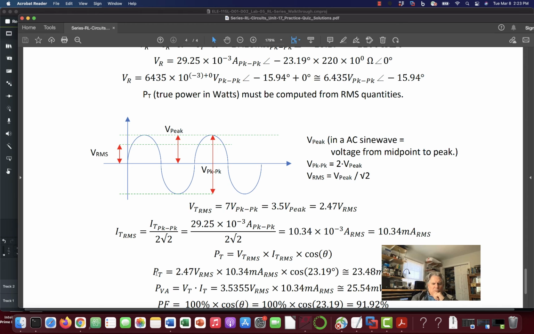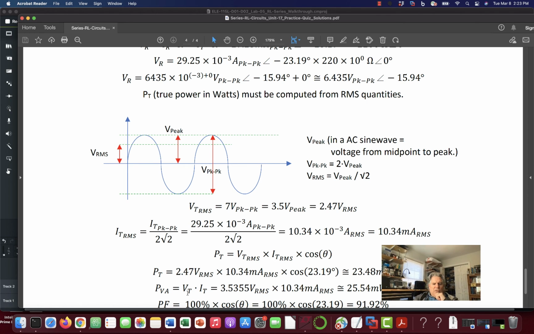So total power equals 2.47 volts RMS times 10.34 milliamps RMS times the cosine of that angle, which I believe is correct, and I get 23.48 milliwatts. I really should have put a subscript on there, milliwatts RMS.